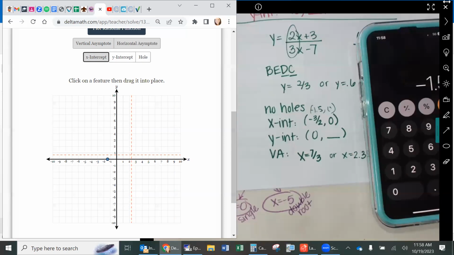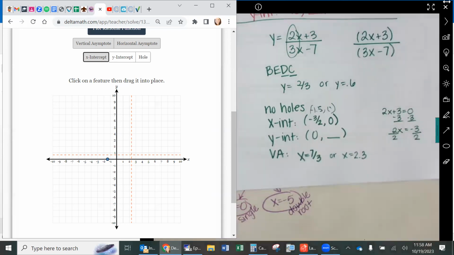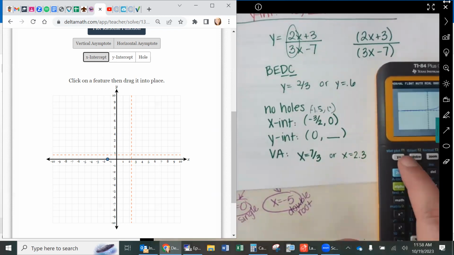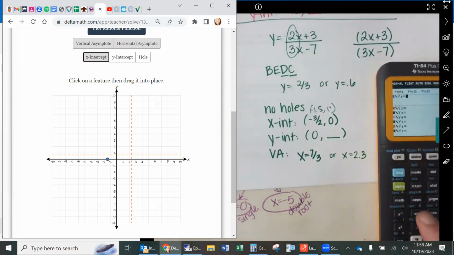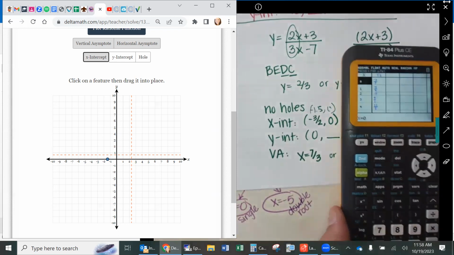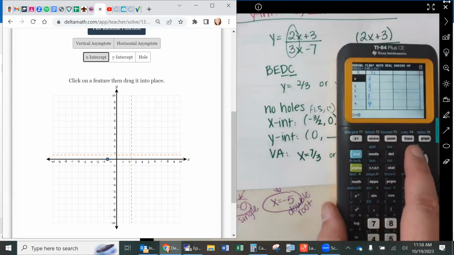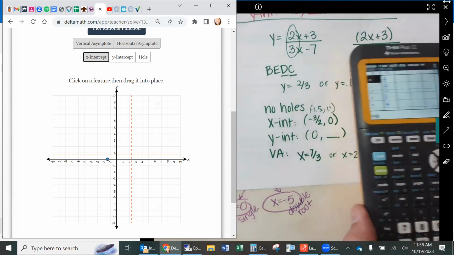Okay, the only thing left that I'll have to use my calculator for is the y-intercept. Remember, y-intercept is the 0 partner. So I'll go into y equals here. I'll put my equation in. So 2x plus 3 over 3x minus 7. And then I'll find 0's partner. 0's partner is -3 over 7. Write it down.